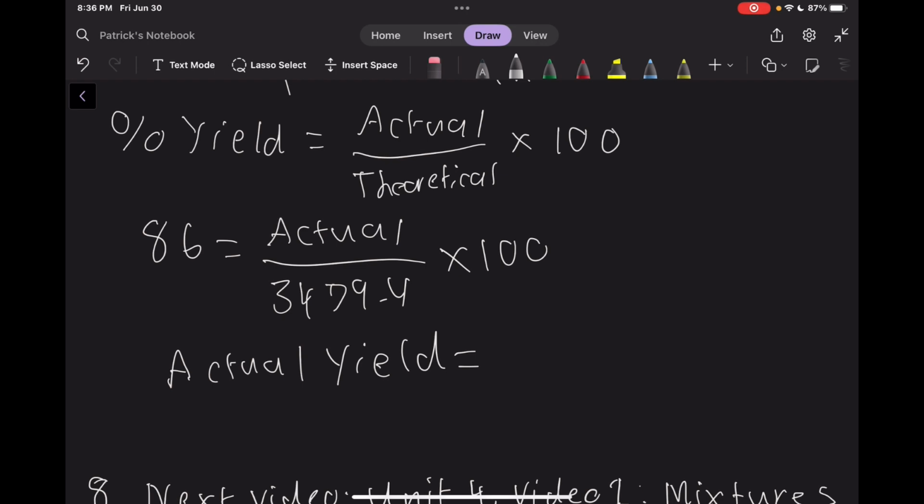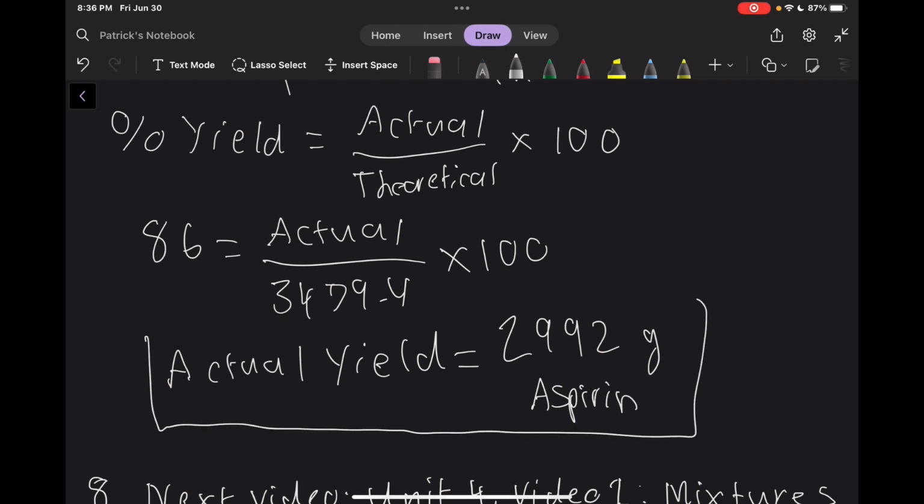If we do the algebra and solve for the actual yield, we end up with approximately 2,992 grams of aspirin with the consumption of 2,668 grams of salicylic acid.